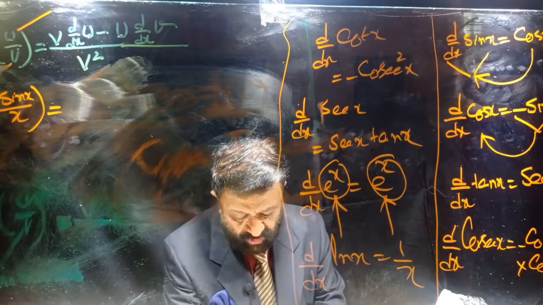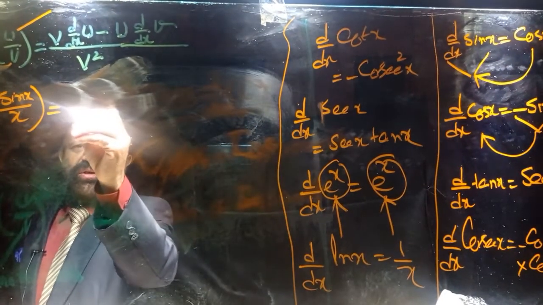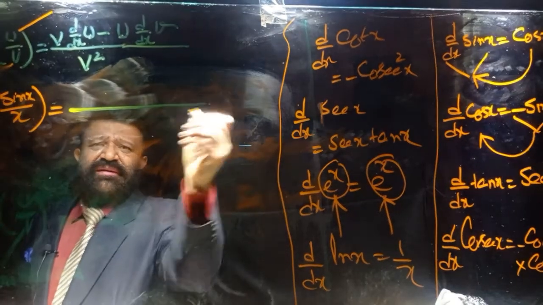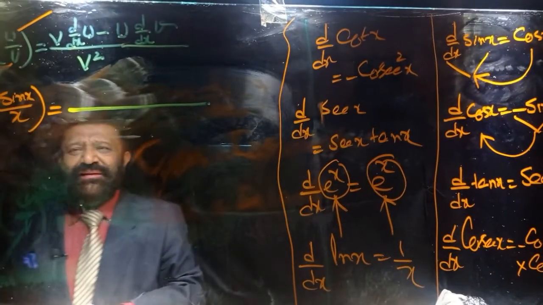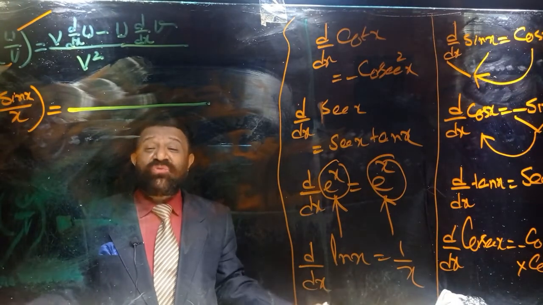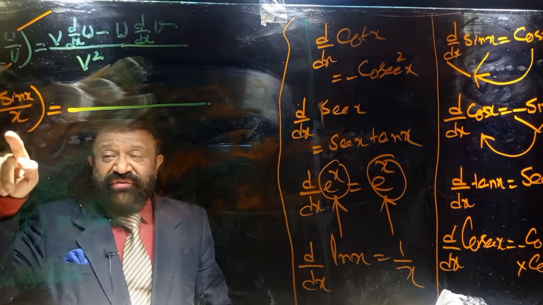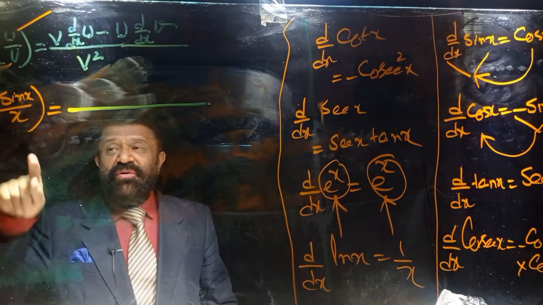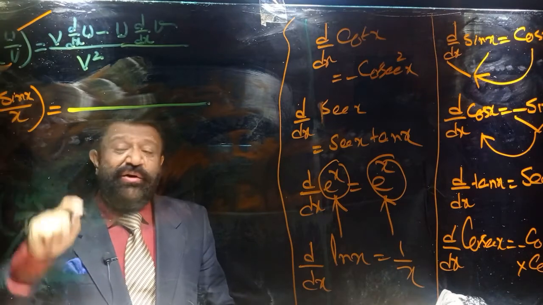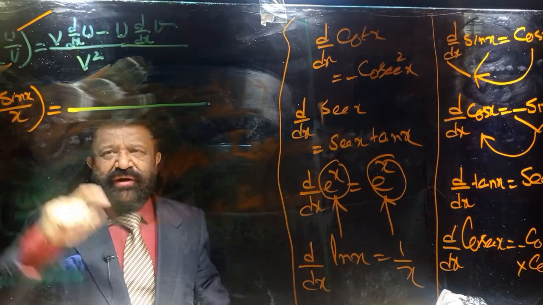Now coming to this question, sin x over x is a quotient function. What is a quotient function? It is in a division form. One function is the numerator and the second function is the denominator.